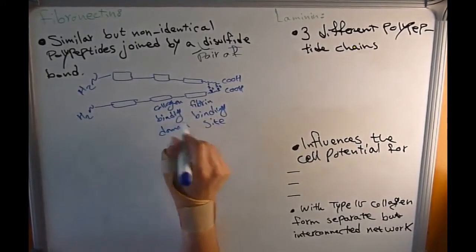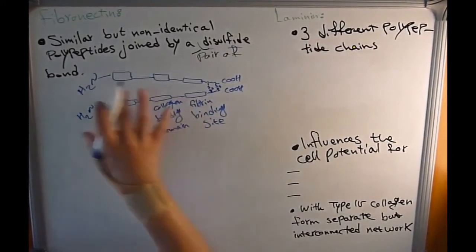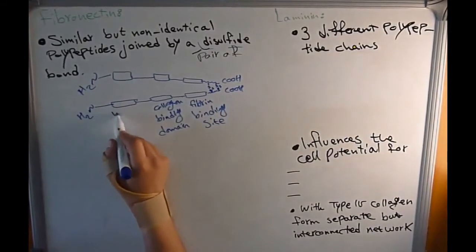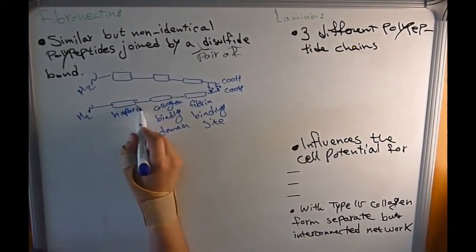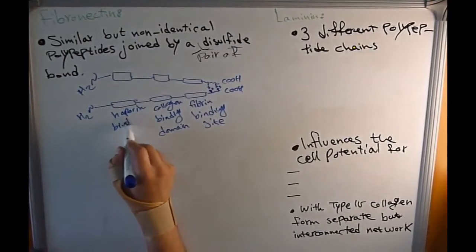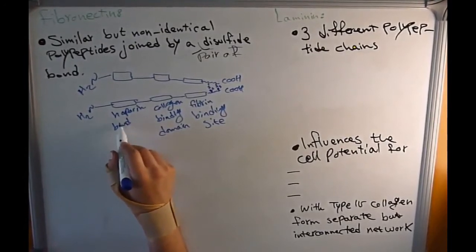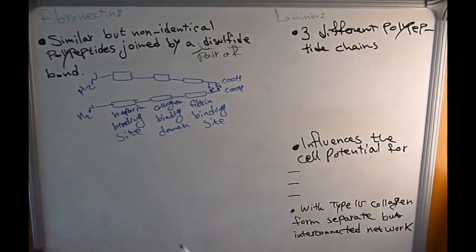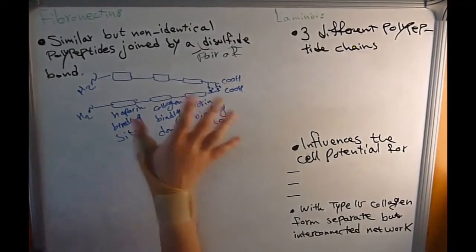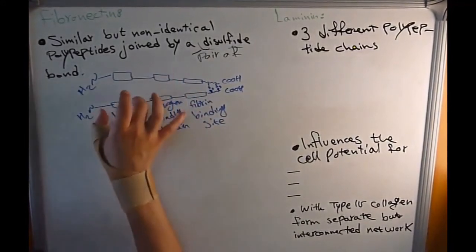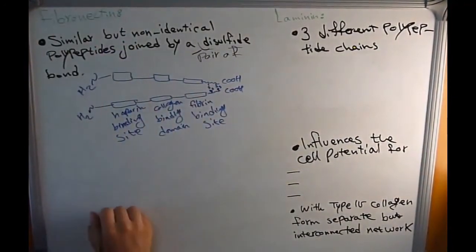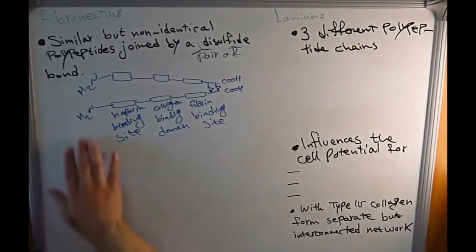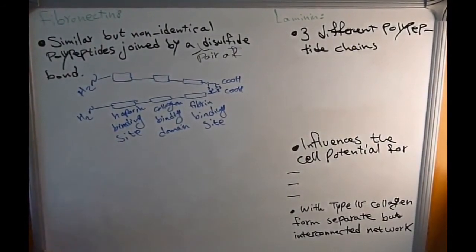There are a lot of different domains and binding sites here. For example, here, a heparin binding site. There are a lot of binding sites in the units of the fibronectin, which are very crucial for the extracellular activities.